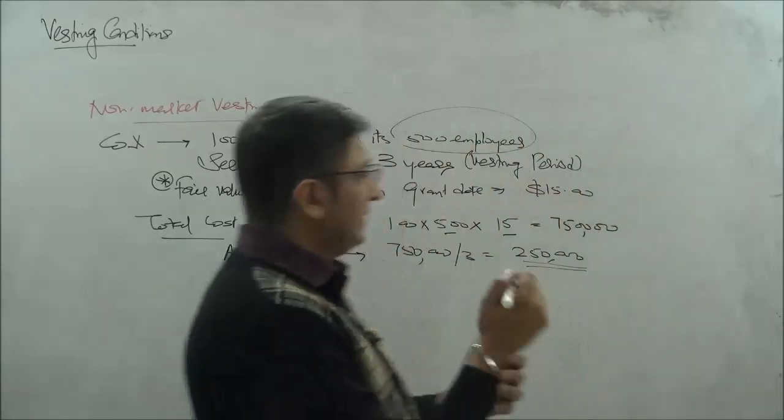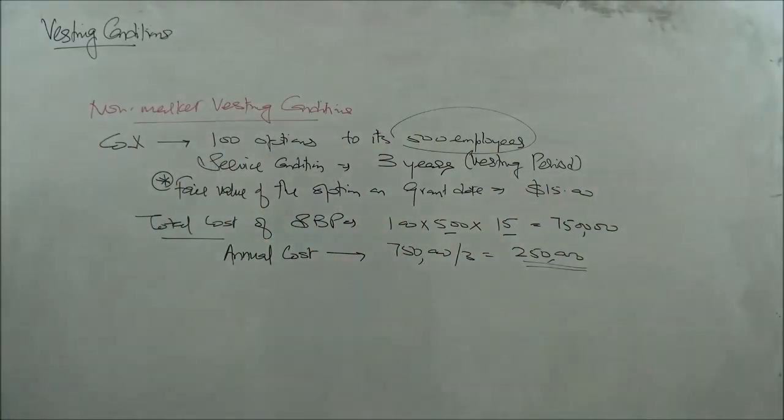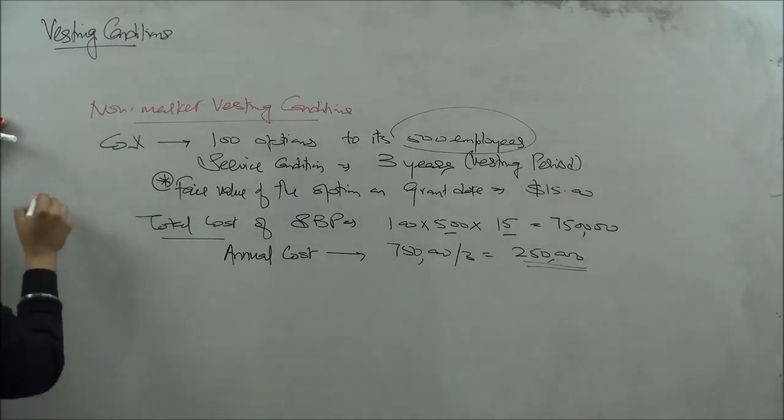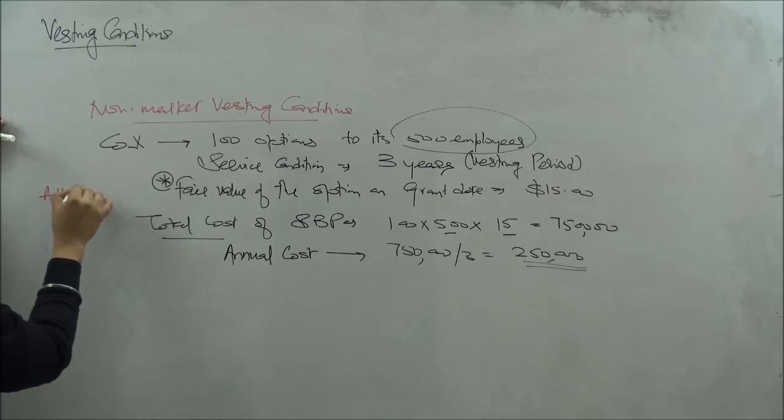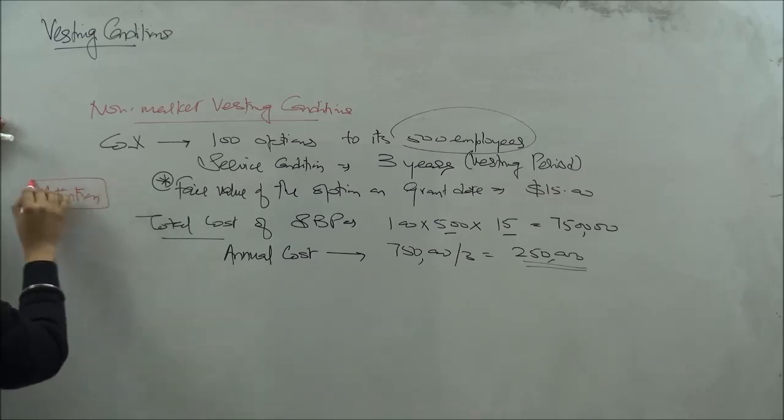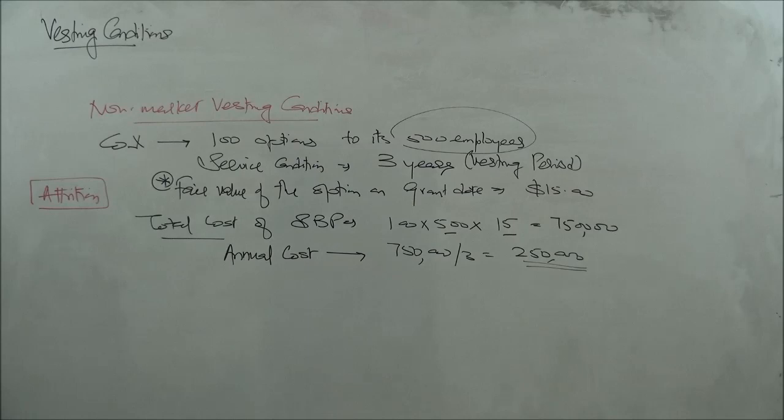So effectively the entity needs to assume what is the likely attrition of these employees up to the vesting period.